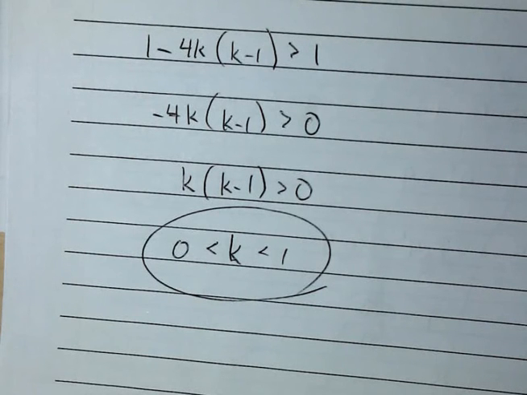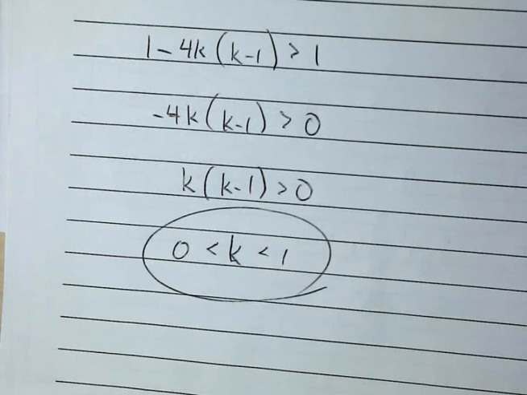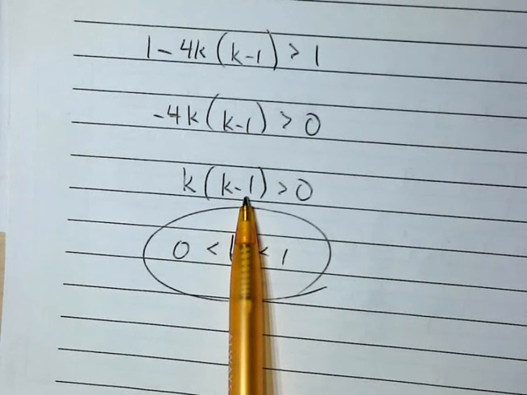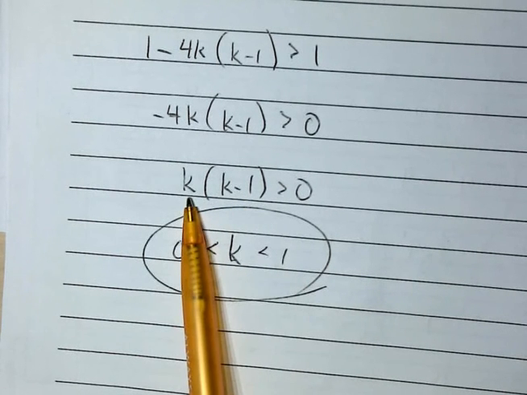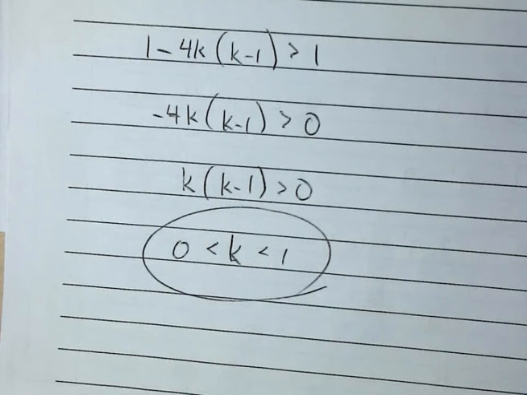How did you go from the step before, k times k minus 1 is greater than 0, to that? Well, pick a number. Let me choose the number 1. 1 minus 1 is 0, times 1 is 0. Is that greater than 0? No. We can see 1 is a boundary.